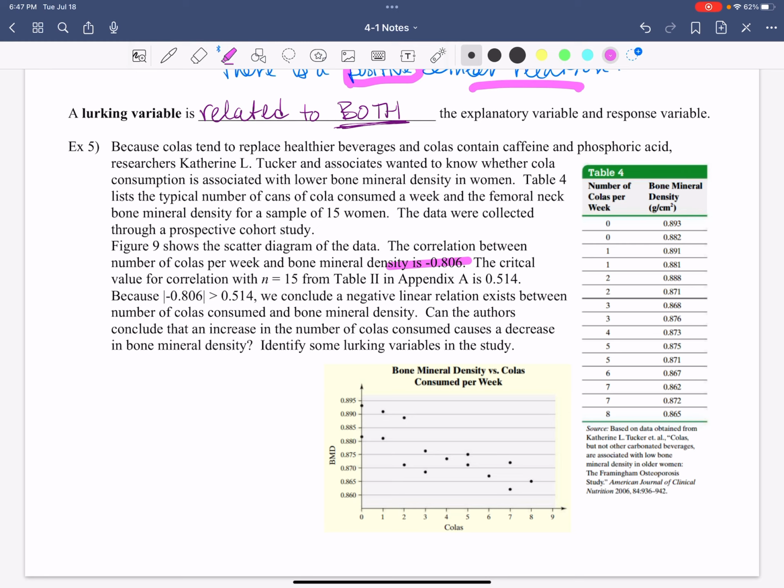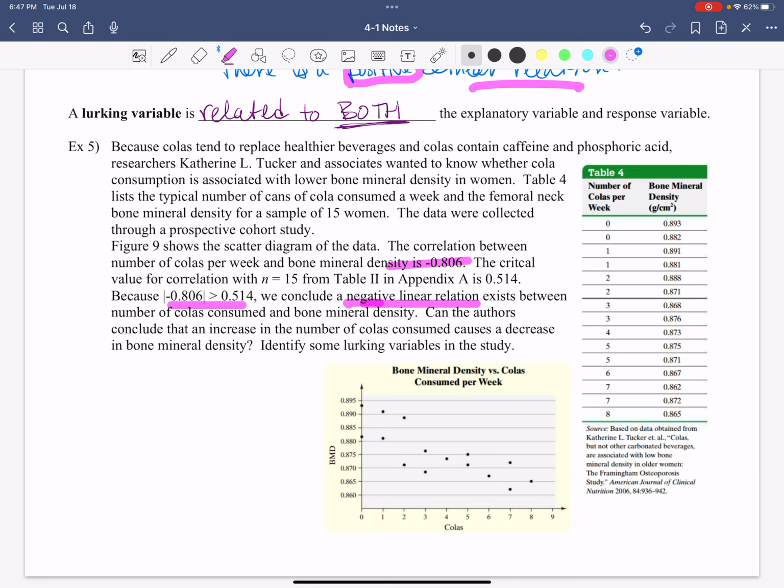Because the absolute value is greater than the critical value, we know that this is a linear relation, and because my correlation was negative, it's a negative linear relation, right? What we just talked about. So this exists between the number of colas consumed and bone mineral density. Can the authors conclude that an increase in the number of colas consumed causes a decrease in bone mineral density?